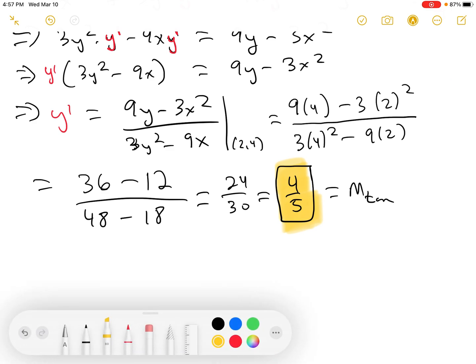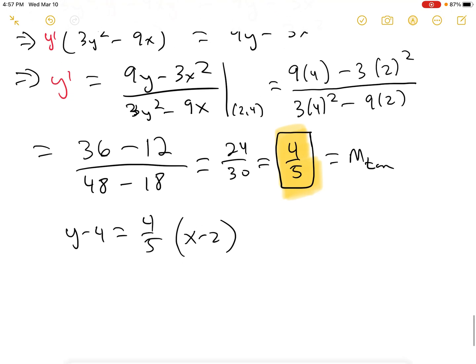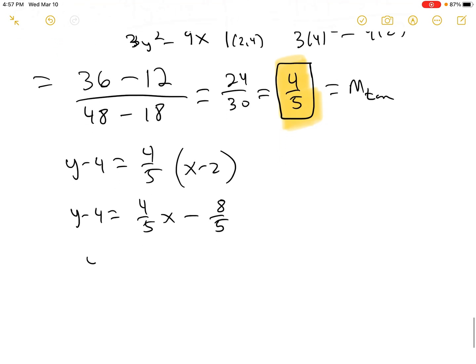So now we're going to use the equation of the line here. So we have y minus 4 equals 4/5 times x minus 2, minus 8/5, and finally y is 4/5 x minus 8/5 plus 4.